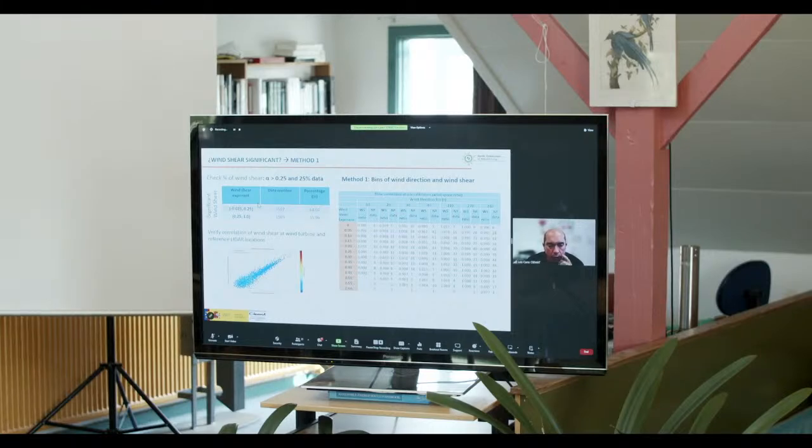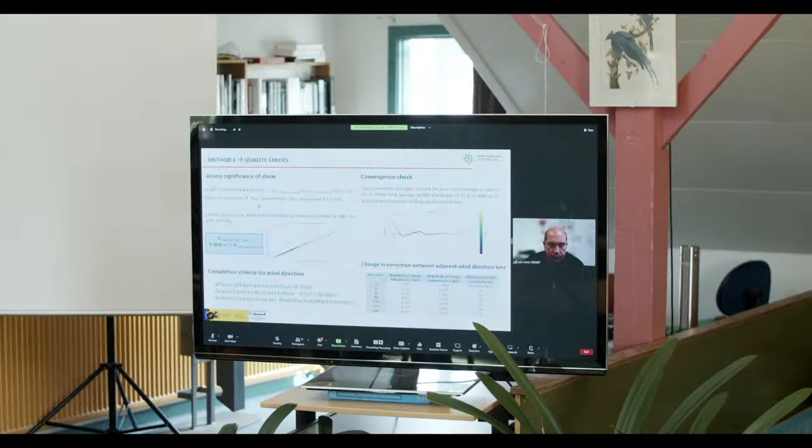And this table shows the results of the wind speed ratio that we have to use in each wind shear exponent and each wind direction to correct the flow, the wind speed, between the two LIDARs.